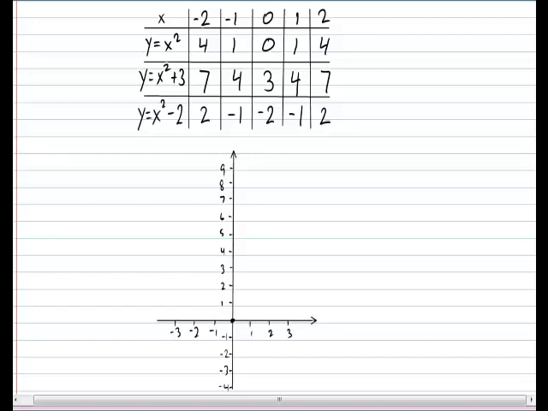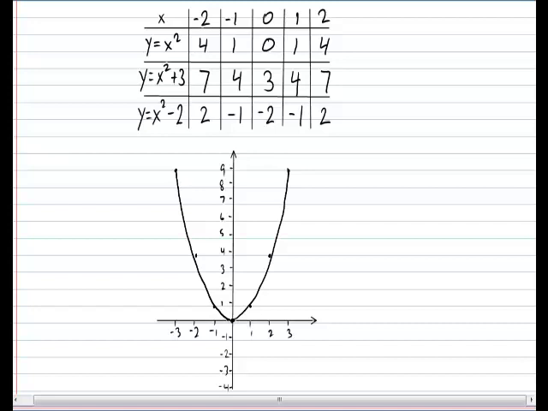I'm going to draw that one in black. So if you draw it carefully, the basic one should produce a parabola that looks about like this. Yeah, that's not half bad.